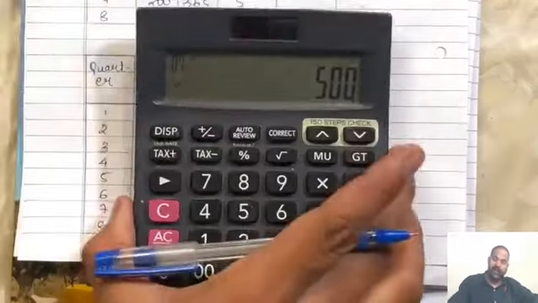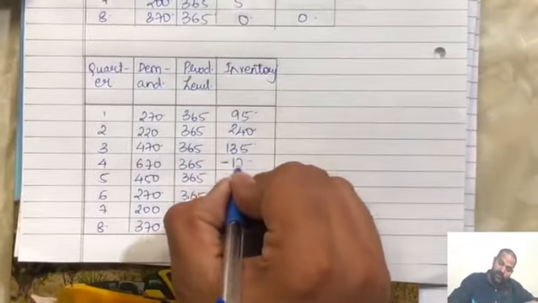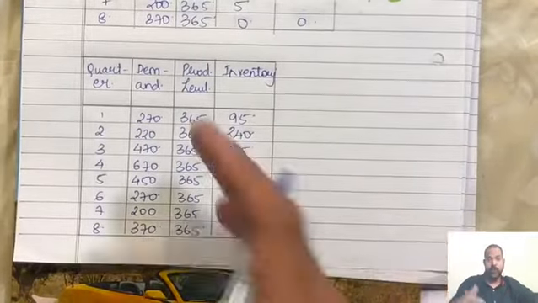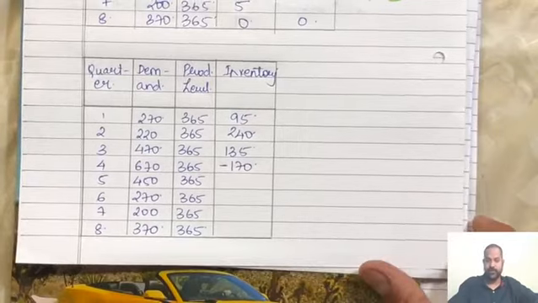Then can I say 500 minus 670, I am short of 170 units. So I'm not creating a new column for backlog, I'm writing the backlog in the inventory itself.